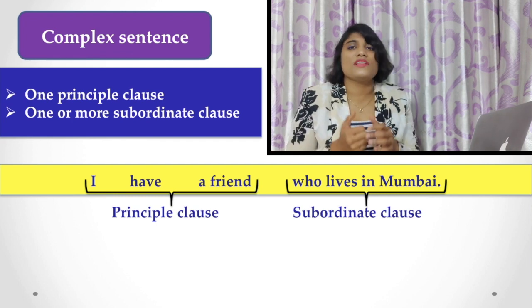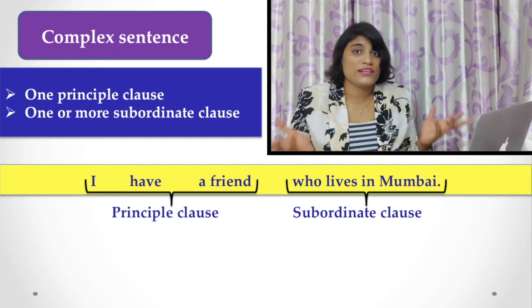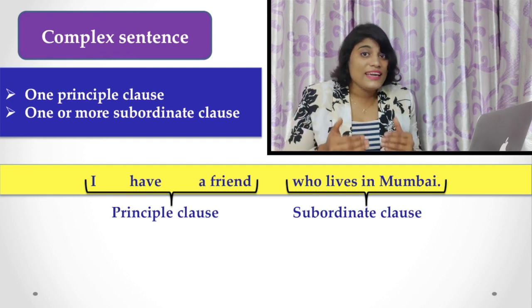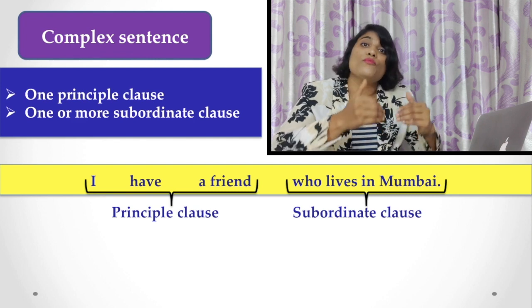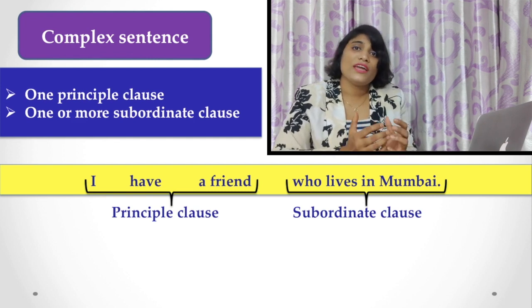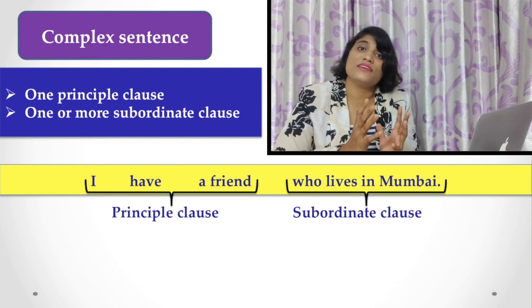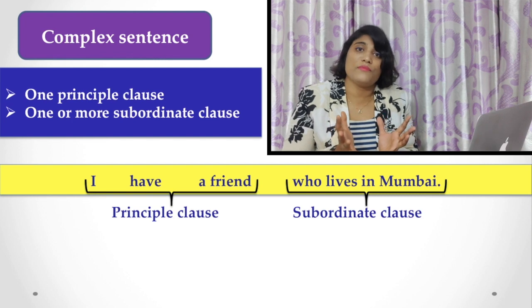For example, if I say I have a friend, then you ask me what? Then I have to put more information about my friend, because when we are talking about a complex sentence, both the clauses are important to complete their meaning.